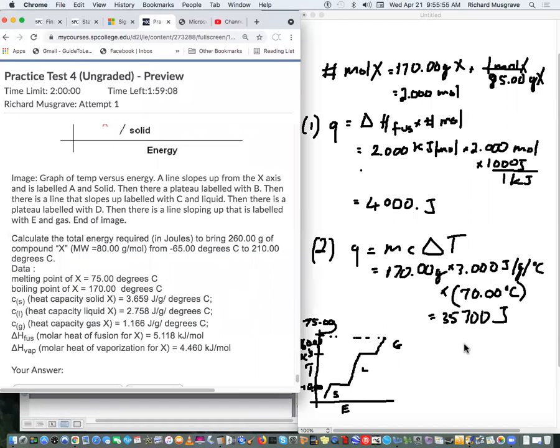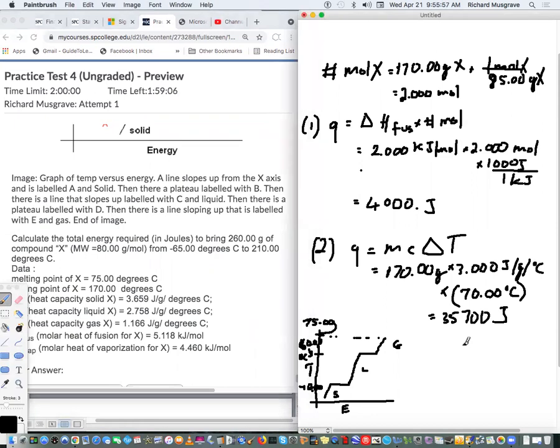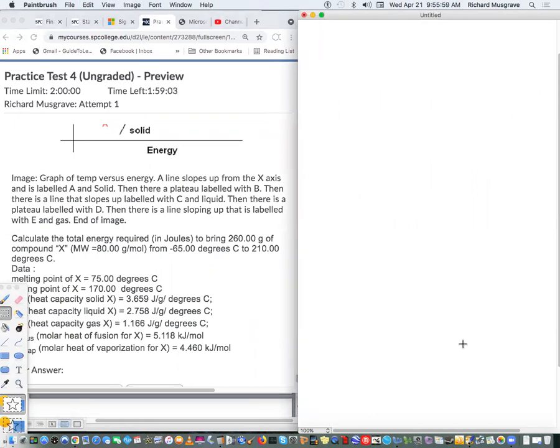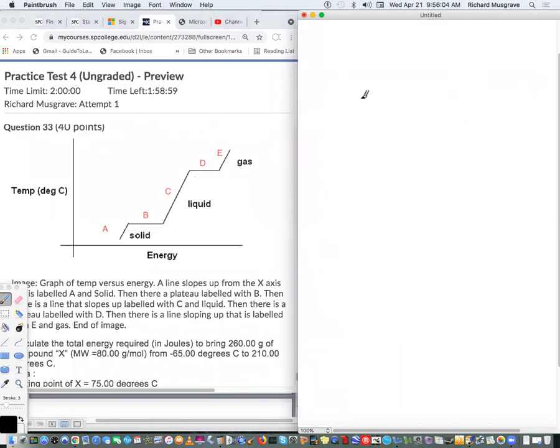So I think a good place to start with this problem is to redraw the diagram. Solid, liquid, gas.